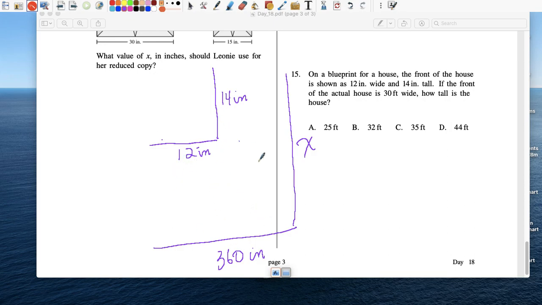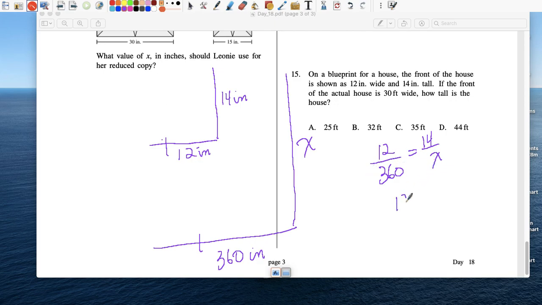Set up your proportion: the ratio of these two corresponding sides, the front of the house, 12 and 360, is the same as the ratio of the height of the house, 14 and x. Remember that this is in inches, so we have to change it to feet.